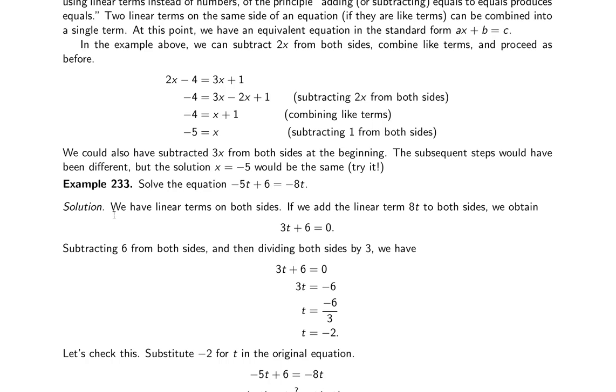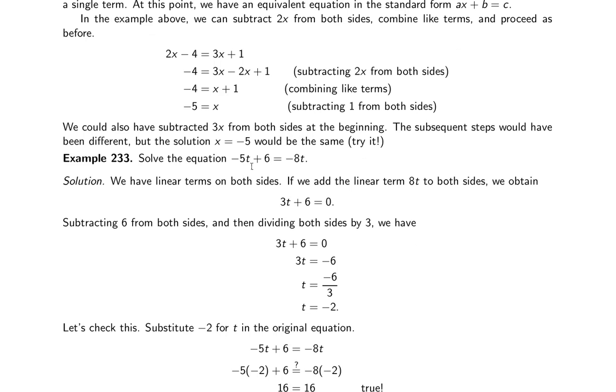Okay, how about this one? Example 233. Yeah, here we have a different letter, so t's, and we have t's on both sides. Negative 5t plus 6 equals negative 8t.